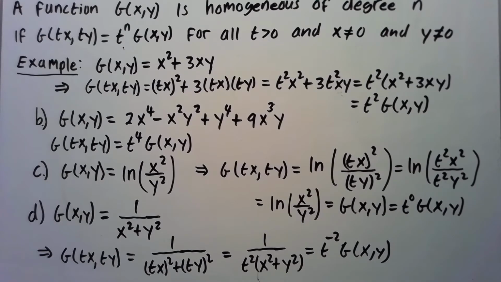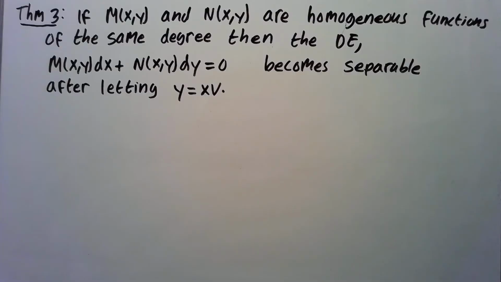Okay, now let's look at theorem 3, which involves solving differential equations that have homogeneous functions. So I'm going to erase this stuff now, and we'll go on to theorem 3. Here's theorem 3.